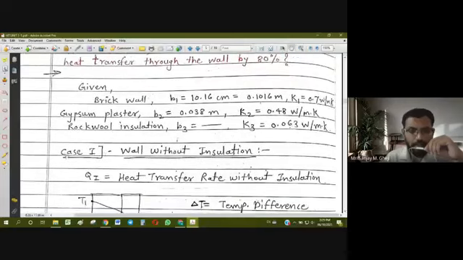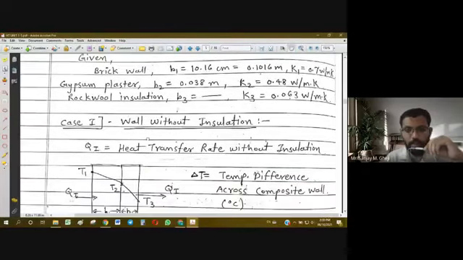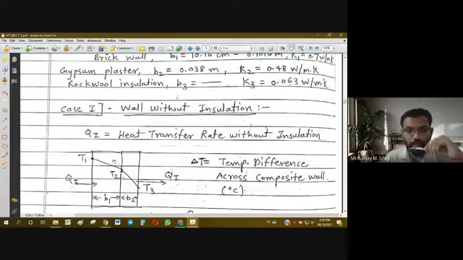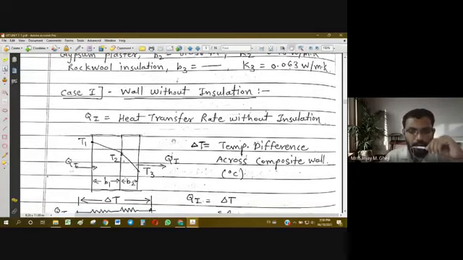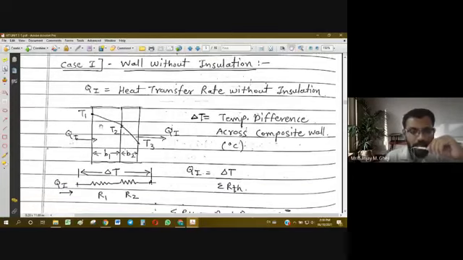Now let us see case 1, that is wall without any insulation. It will have only the existing two layers. Let us use some notations. Let us denote the heat transfer rate without insulation, that is for case 1, as Q1. Now see delta T, the temperature difference across the composite wall. We can draw a rough sketch like this.